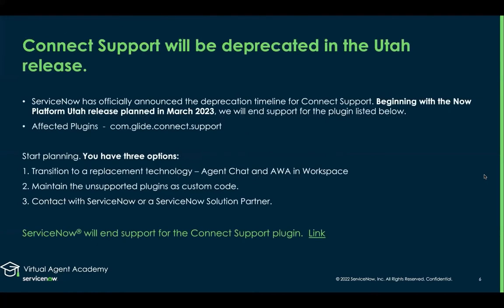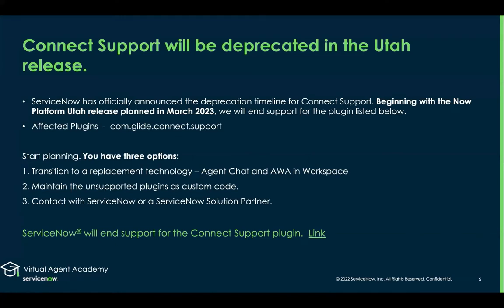Connect Support, we have planned to deprecate it in the Utah release. So we want to inform and make all our customers aware that from March 2023 onwards, ServiceNow is not going to support Connect Support. Customers have three options. The first and the best option is to transition to our latest technologies, which are Agent Chat and Advanced Work Assignment.